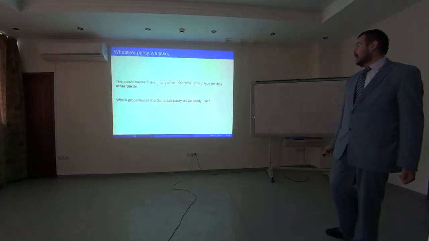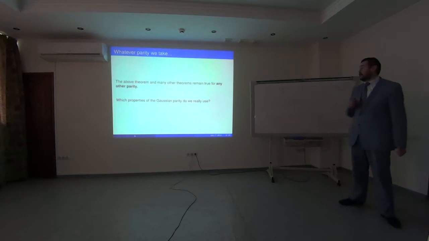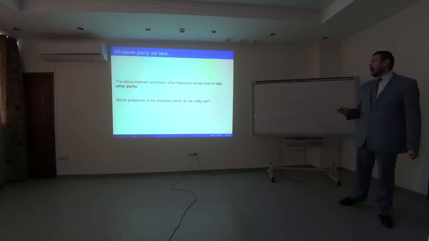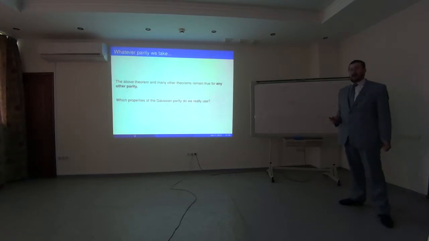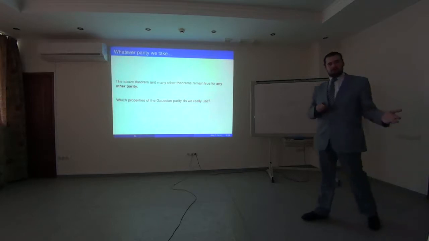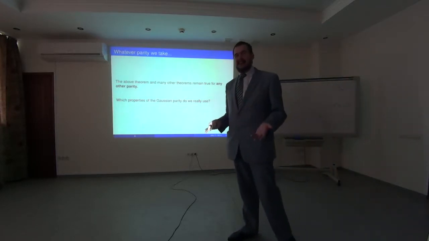And actually, here before proving that, I mentioned that this works for any other parity. And actually, many theorems here will hold whatever parity we take. So now I'm going to both give a proof and analyze what ingredients I need to get this proof.